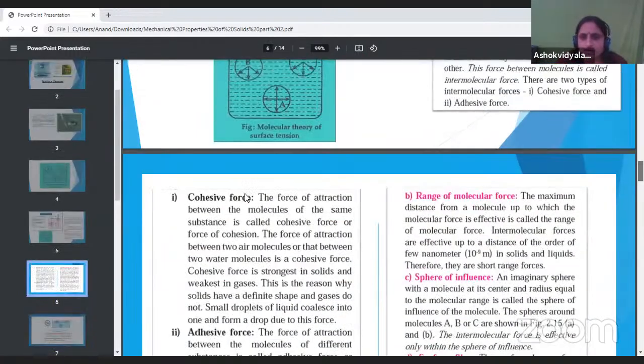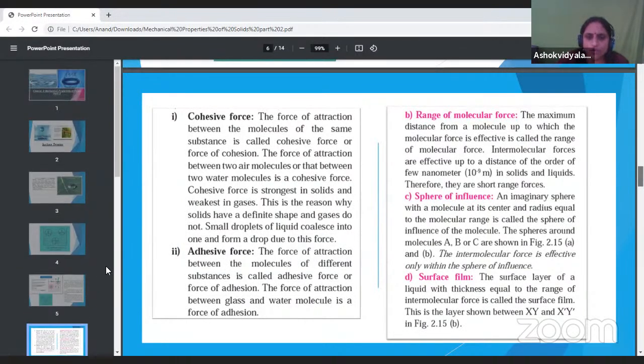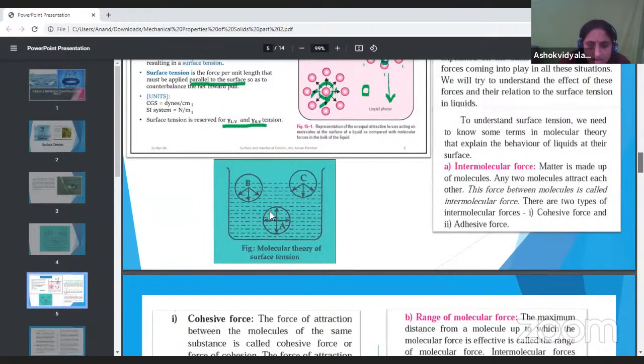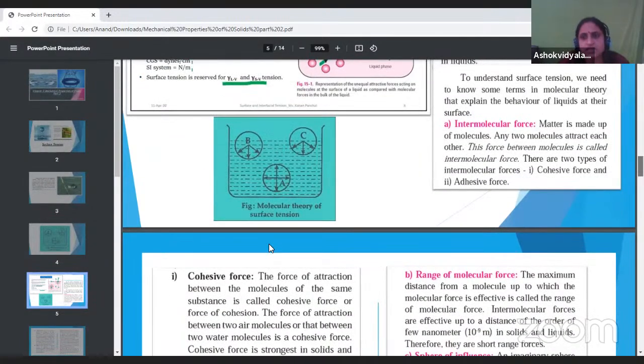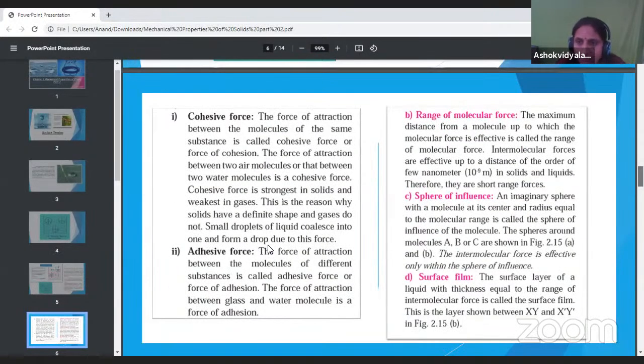Next point, range of molecular force. The maximum distance from a molecule up to which the molecular force is effective is called the range of molecular force. Taking point A, the maximum distance shown by the arrows is called the range of molecular force.